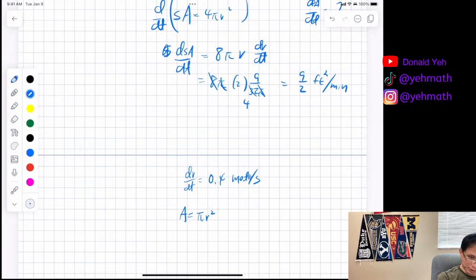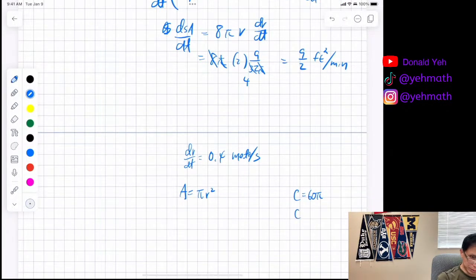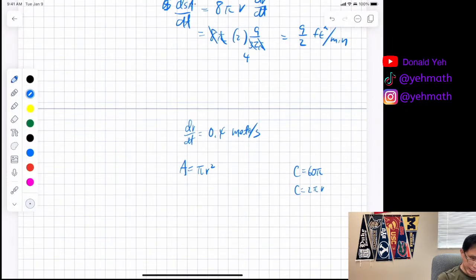Circumference is equal to what? 2 pi r. And then 30 pi equals 2 pi r, right?